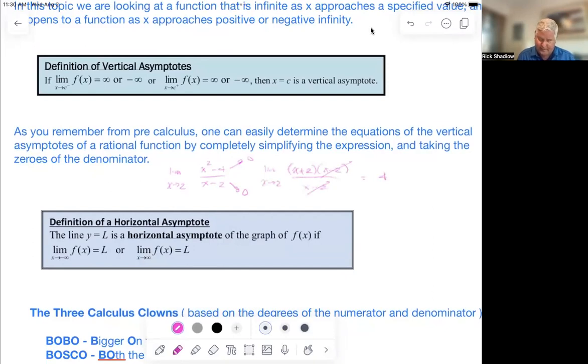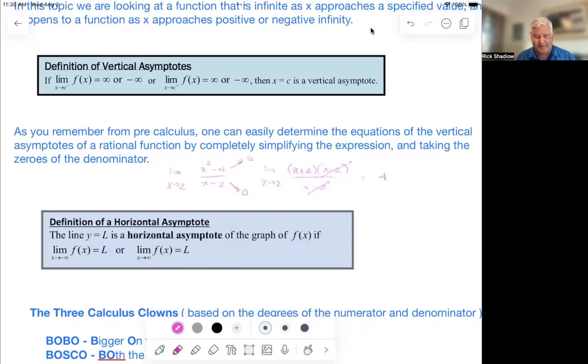So the limit would be 4. I didn't have a remaining denominator; I should have turned those the other way around, x squared minus 4 in the denominator. But anyway, the idea is simplify the expression as much as you can.